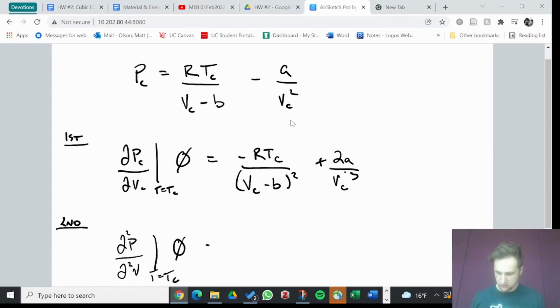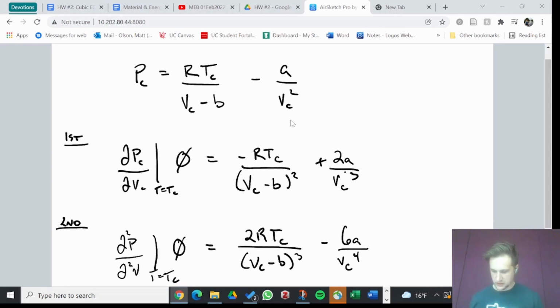Now our second derivative is going to be 2 times R, temperature at the critical point, over volume at the critical point minus B, cubed, minus 6A over the volume at the critical point to the fourth.